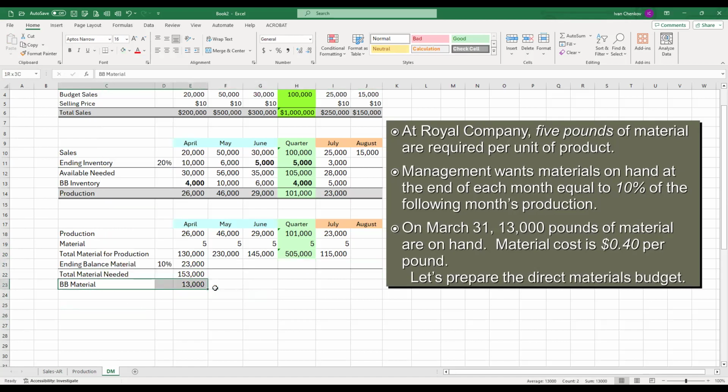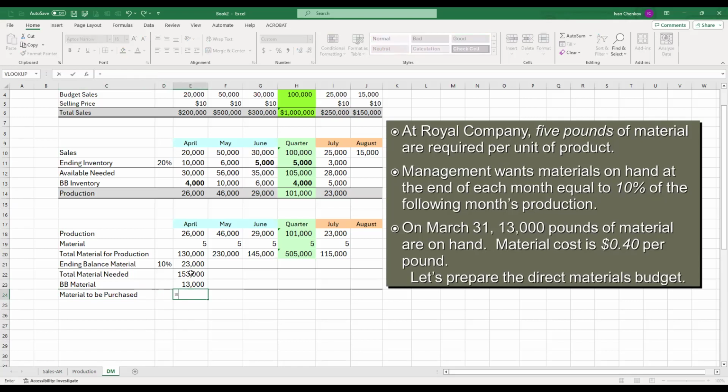So we have the beginning balance. So how much will be the material that is needed? Material to be purchased, right? How much material do we need to purchase? 140,000 pounds.